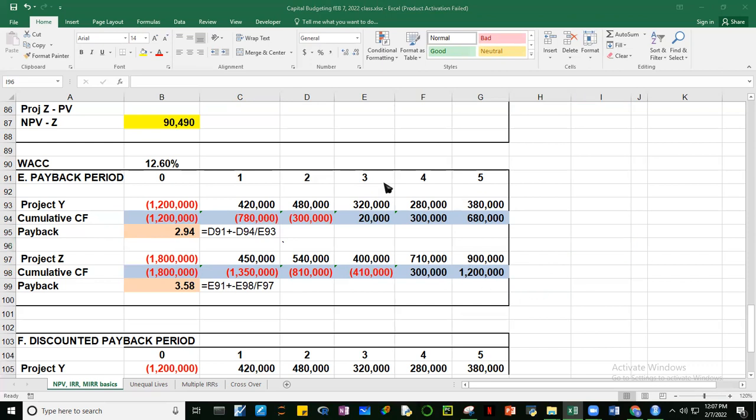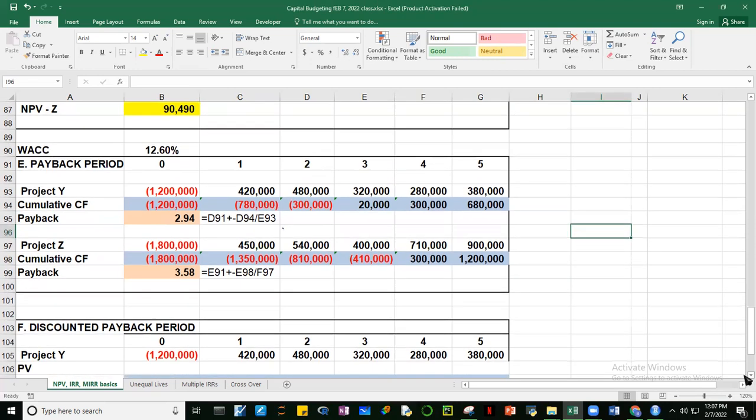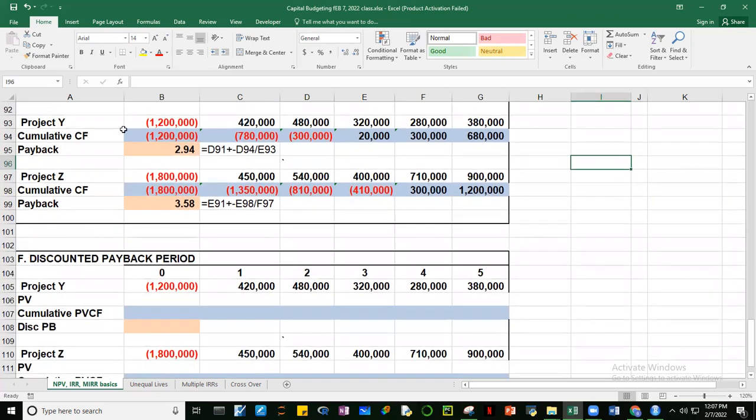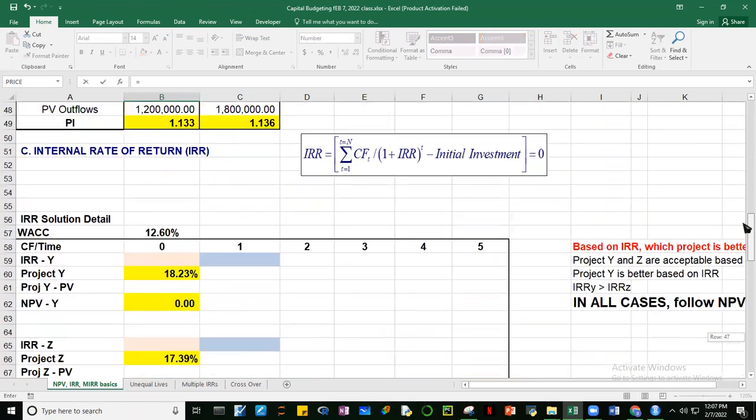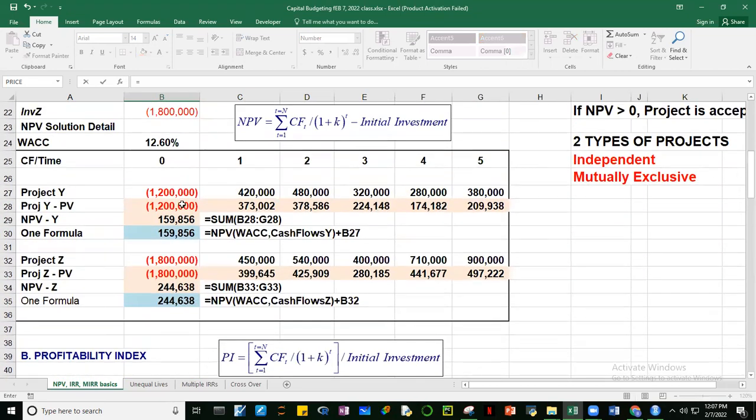Okay, good. Thank you. All right, last guys is our discounted payback. Yung discounted payback, pareho lang yan ng payback. Ang kaibahan lang, we're not using the original cash flow, but rather we're using the present value itself, the discounted cash flow. So i-copy na lang natin dito ito yung mga present values natin.